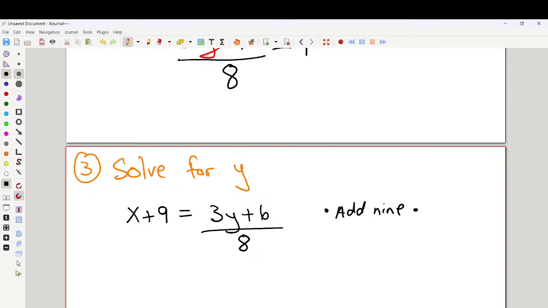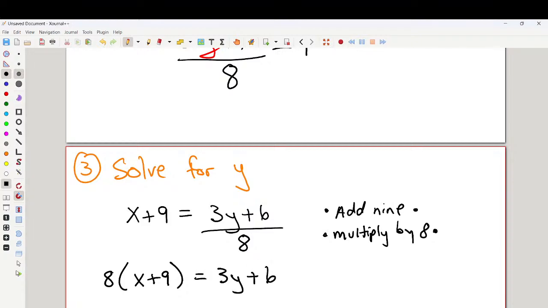Well, if that dividing by 8 wasn't there, I know what to do. So let's get rid of dividing by 8 by multiplying by 8. So this would be 8x plus 9 equals 3y plus 6.